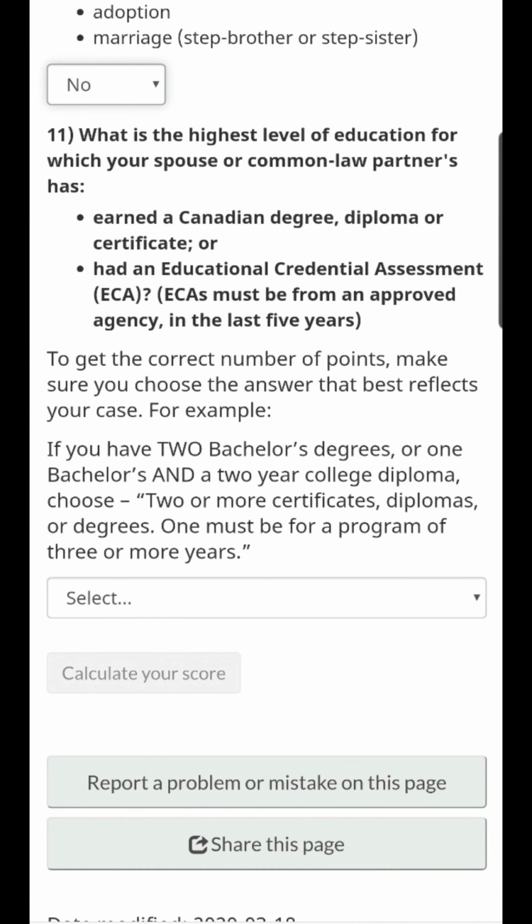Next question. What is the highest level of education for which your spouse or common law partner has earned a Canadian degree, diploma or certificate, or had an educational credential assessment? So if your spouse is getting a degree and that degree is assessed by WES, you can give the report here.